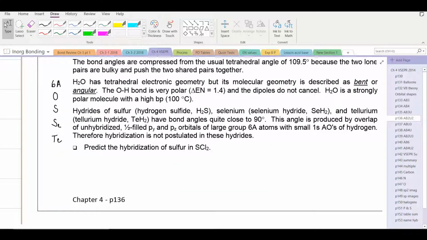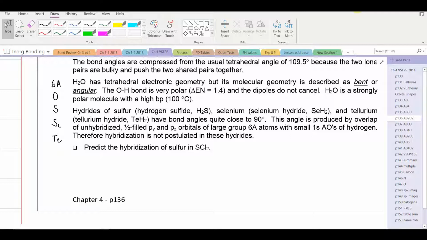Now it turns out that the hydrides of sulfur, hydrogen sulfide, of selenium, selenium hydride, and tellurium, tellurium hydride, have bond angles quite close to 90 degrees. So this angle can be produced by the overlap of unhybridized, half-filled py and pz orbitals of large group 6a atoms with small 1s atomic orbitals of hydrogen.